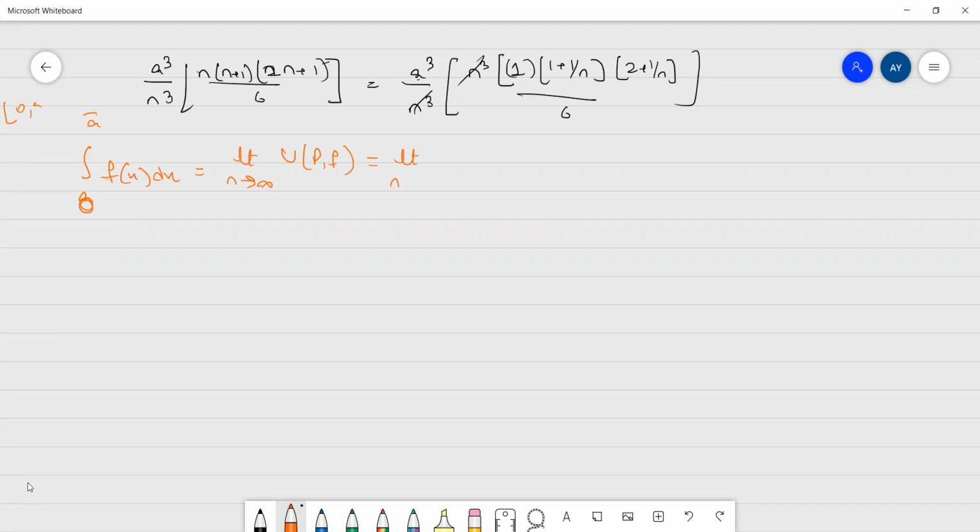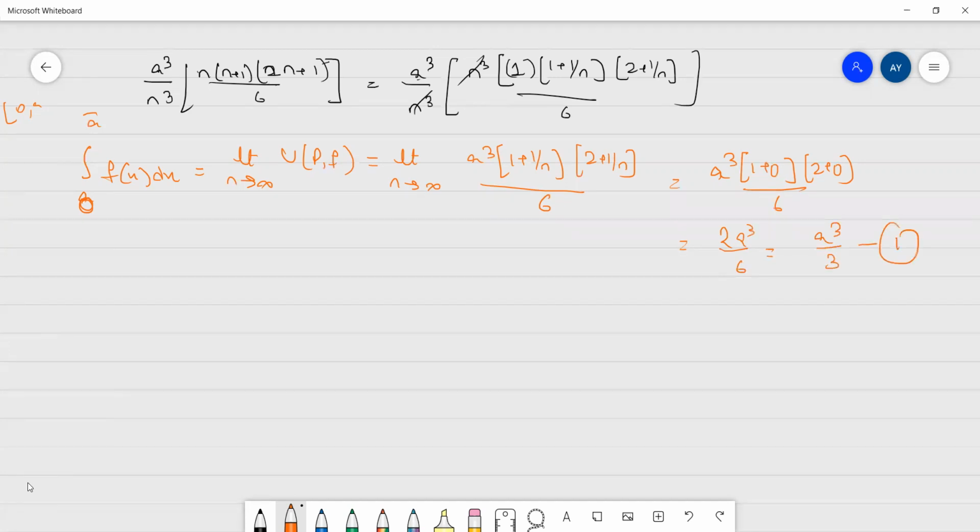Limit n tends to infinity a cube into 1 plus 1 by n into 2 plus 1 by n by 6. If you put n tends to infinity, this will become a cube into 1 plus 0 into 2 plus 0 by 6. So this will be equal to 2a cube by 6, so this will be a cube by 3. Right? Till here, this is 1.